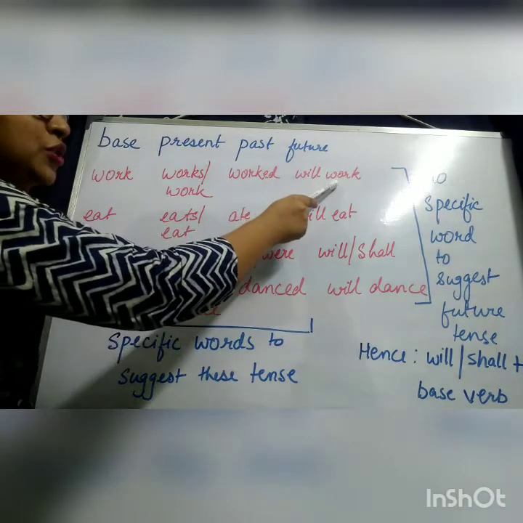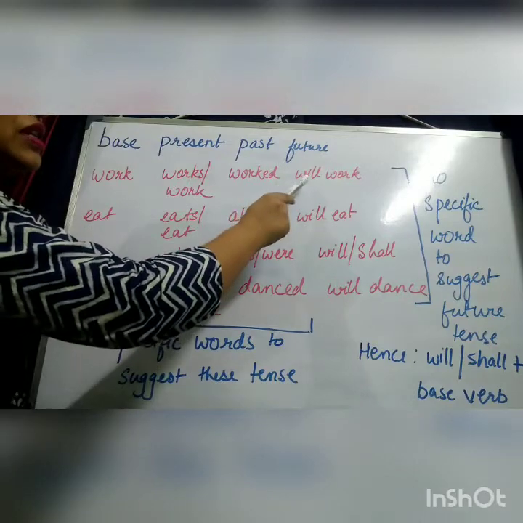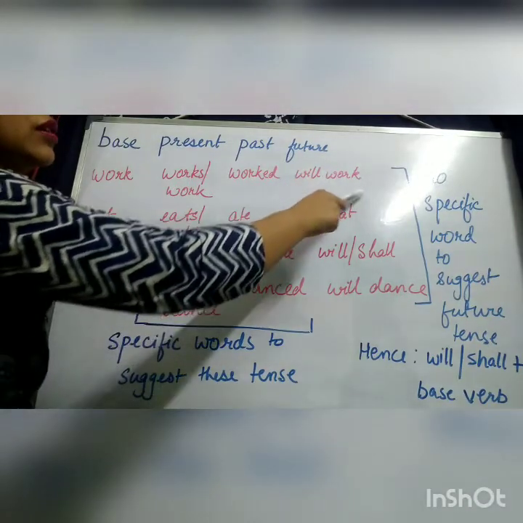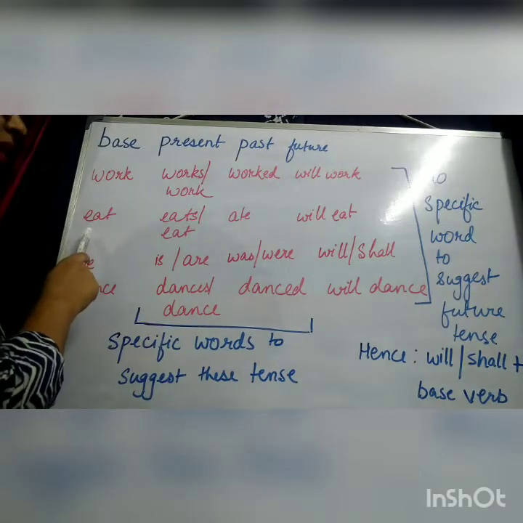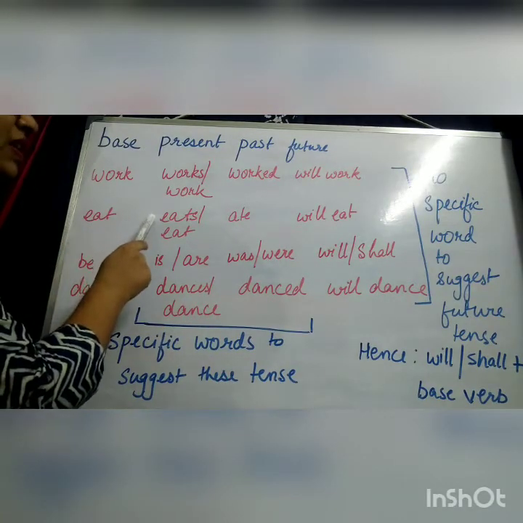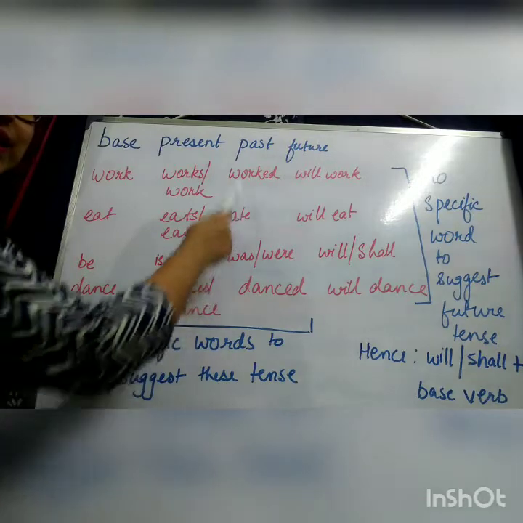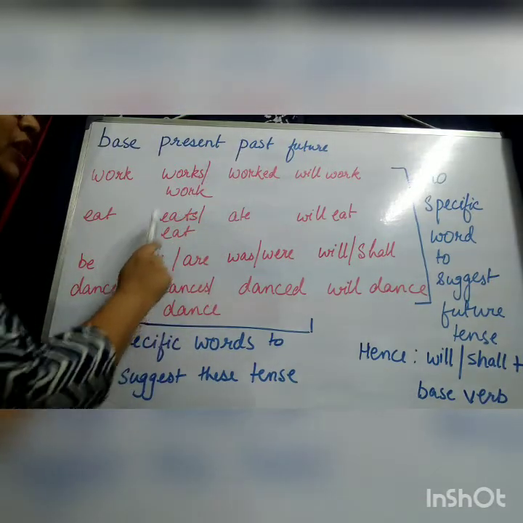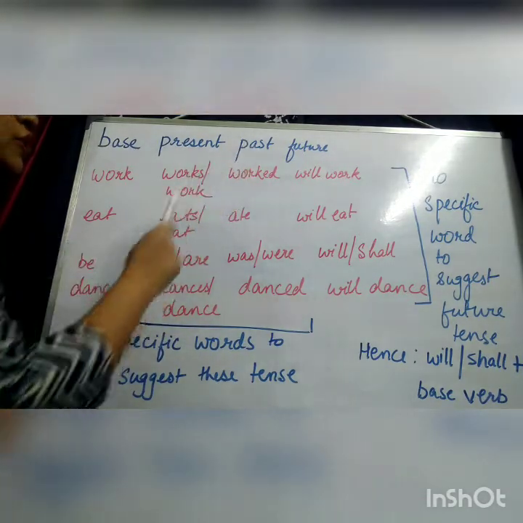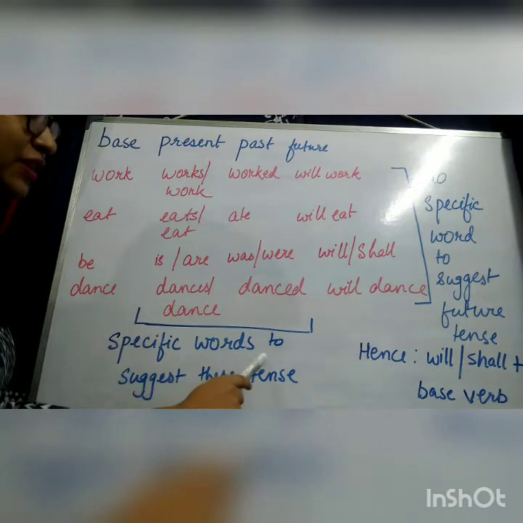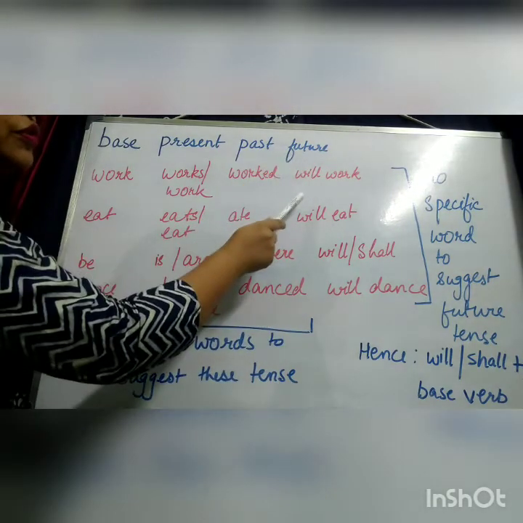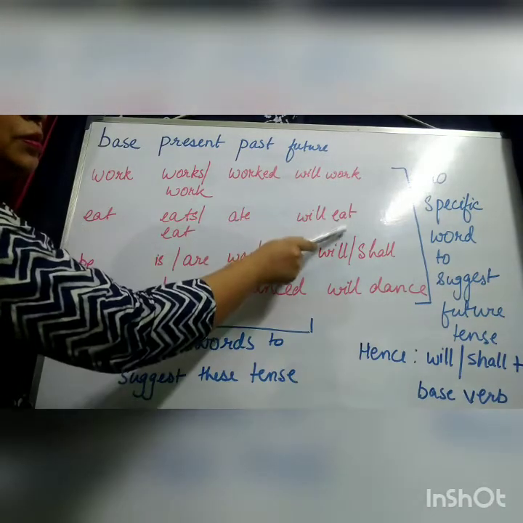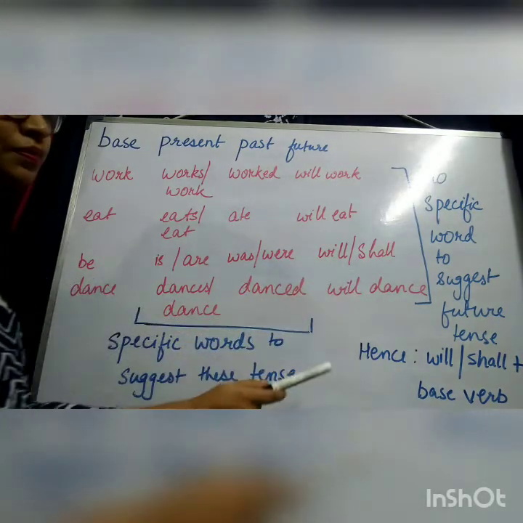But in future tense, you do not see any change in the base verb. Look at the second example. Eat becomes eats or eat, ate in the past tense. So we are seeing that present and past forms of the verbs have specific words to suggest the tense, but in the case of future tense, we find that the base verb is used.